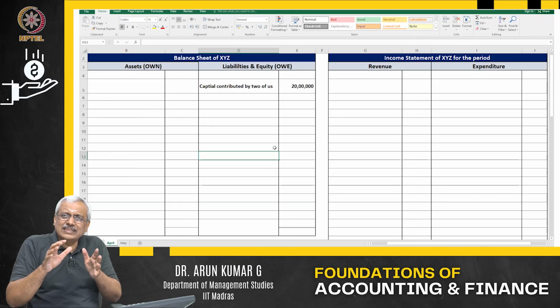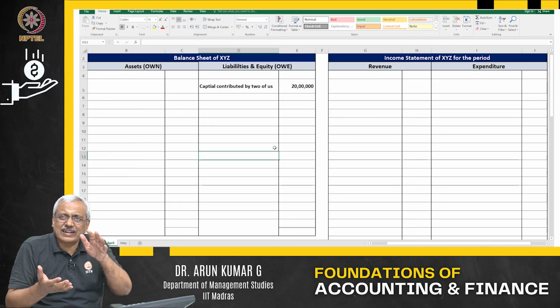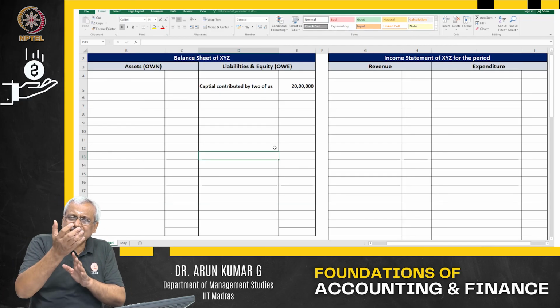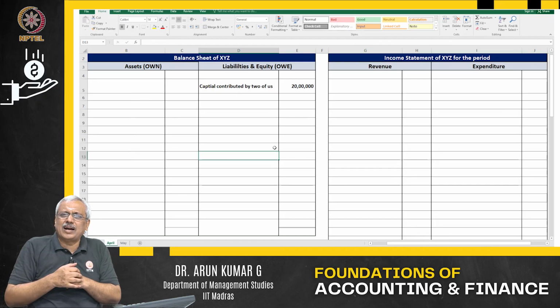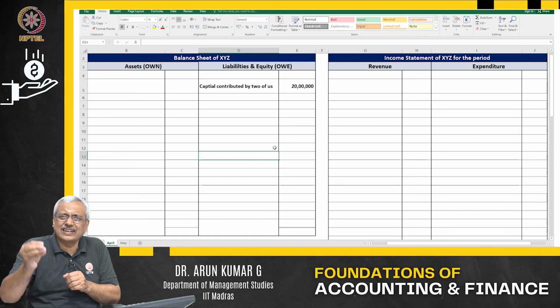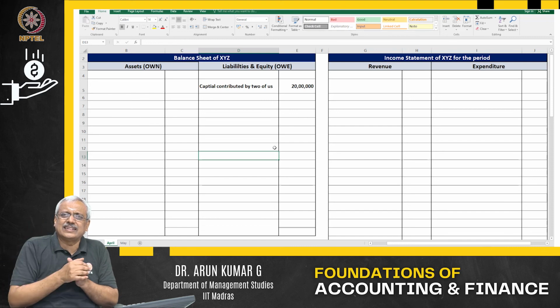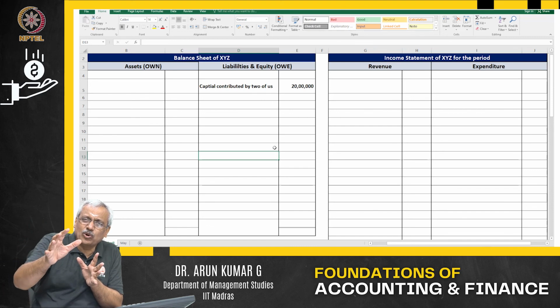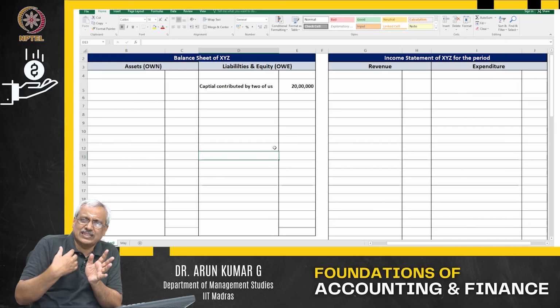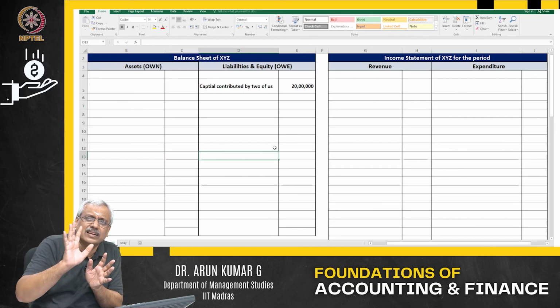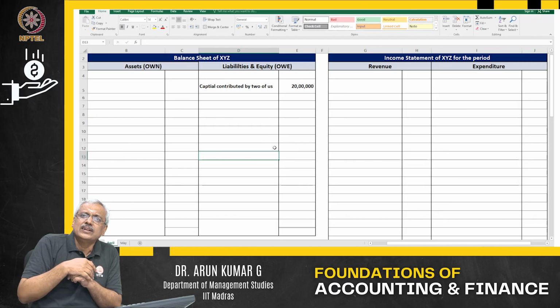Now, imagine that 20 lakhs is in the form of hard currency, or it is deposited in a bank account. For example, each one of us has opened an account called XYZ, and we have deposited 10 lakhs in that account. The account is owned by XYZ company, not by us. We are signatories for the check, that's all. It is owned by XYZ.